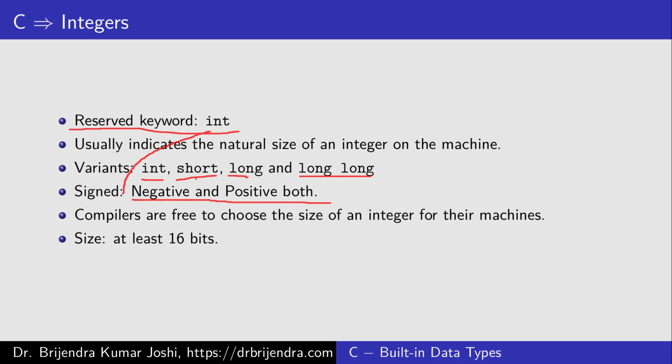Compilers are free to choose the size of an integer for their machines, so there is no restriction as per the standard. But I have not seen any compiler in which an int is less than 16 bits, that is at least 2 bytes. C compilers use at least 2 bytes to represent an int.